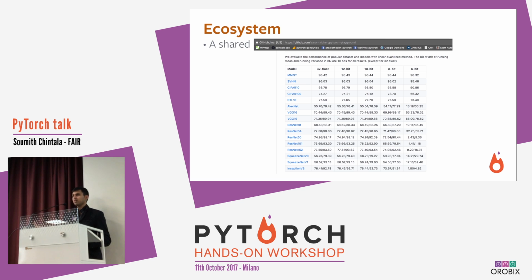Let me make it 12-bit neural networks, 10-bit, 8-bit, 6-bit. And once I quantize each of these neural networks, especially the weights, to these values, how much accuracy would I get on my data sets? I think it's pretty interesting that even at 8 bits, you don't have much loss in accuracy overall.